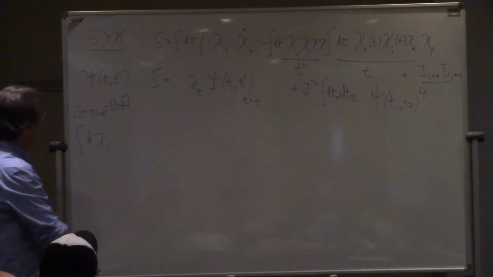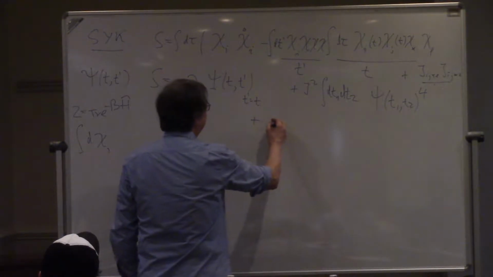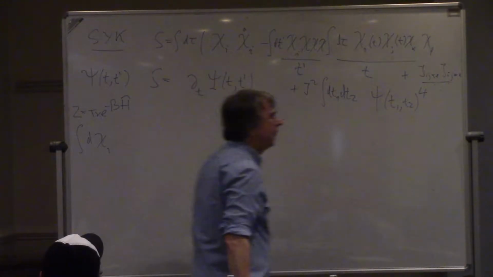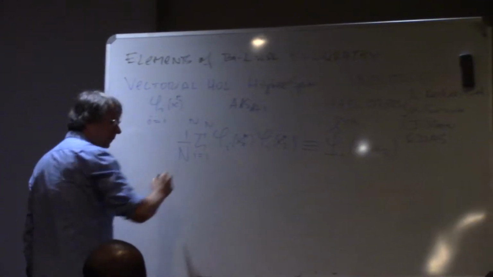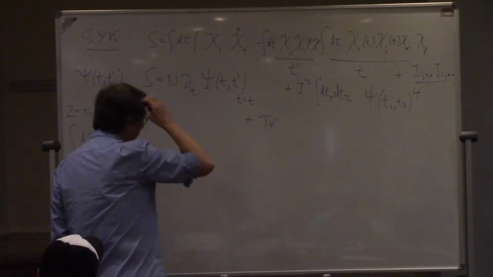But the collective action is the original action plus one term, trace log. And if you scale N this way, it will be convenient for later, then you will have an overall N here.